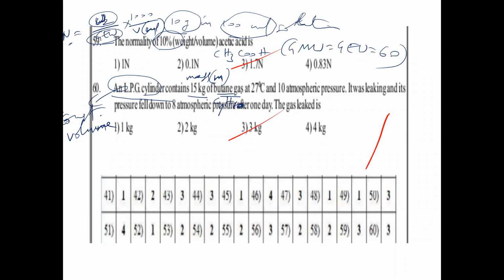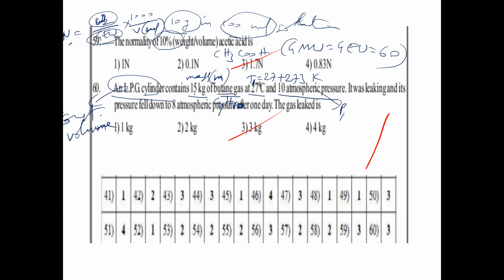C4H10 is butane gas at 27 degrees Celsius. Capital T is 27 plus 273 Kelvin. 10 atm pressure. So initial pressure is given as 10 atm. Initial temperature T1 is 273 plus 27.